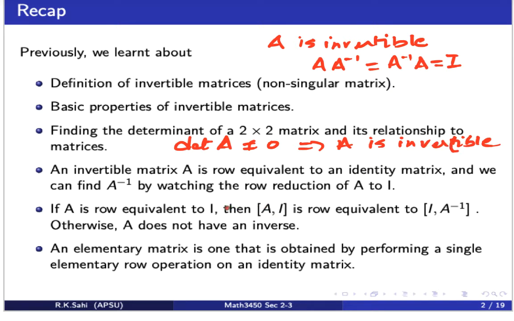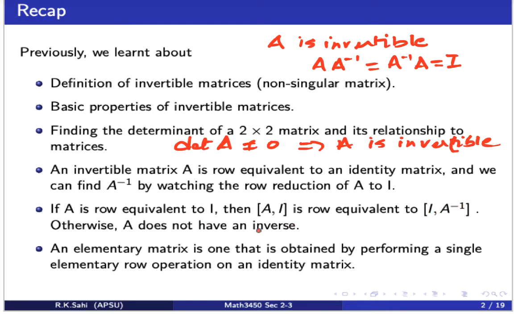Okay, then also an invertible matrix is row equivalent to an identity matrix. And if we have that, we can find the inverse of the matrix by watching how the row reduction of A goes to I. If A is row equivalent to I, then [A | I] is row equivalent to [I | A inverse].